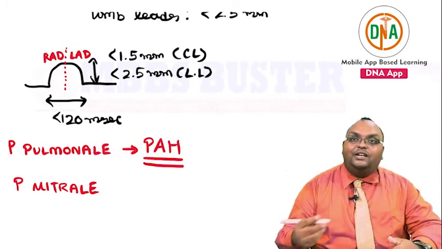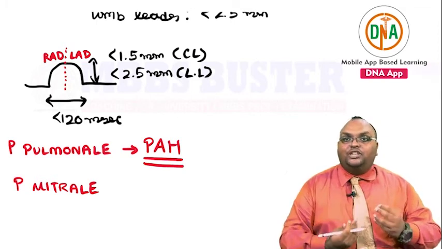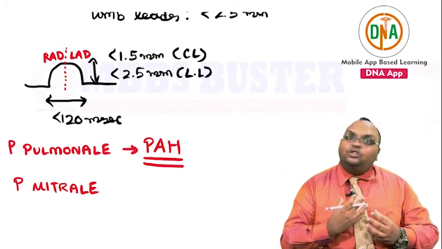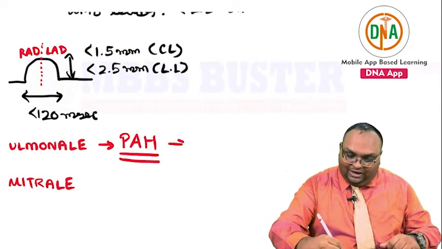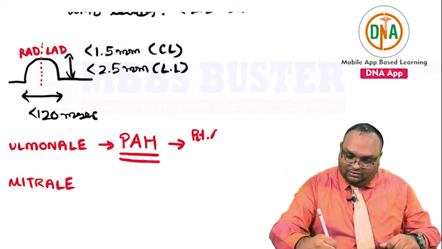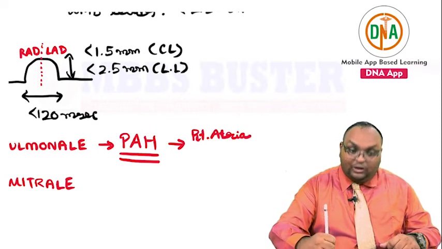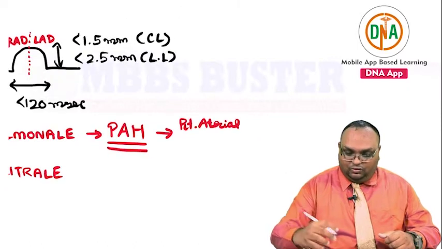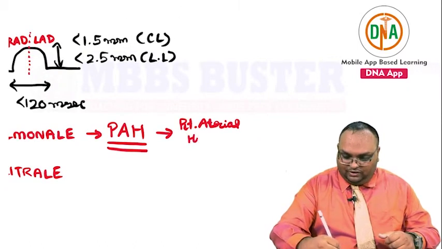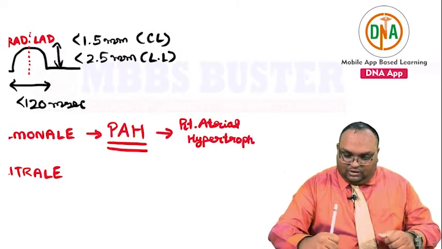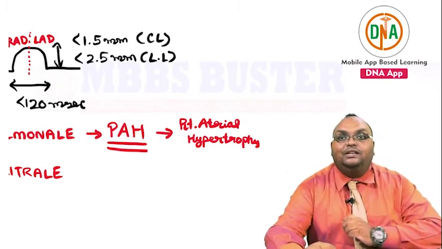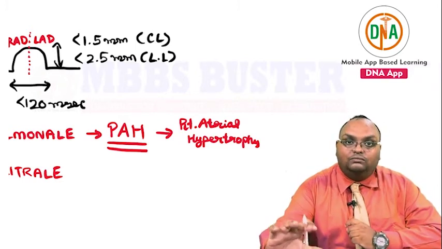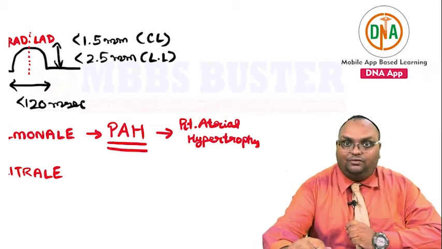In these patients, the pressure is exerted back into the right ventricle and from the right ventricle into the right atria, leading to a right atrial hypertrophy or dilatation, as you can call it. And it is this right atrial hypertrophy or dilatation that basically leads to your tall P wave, right?